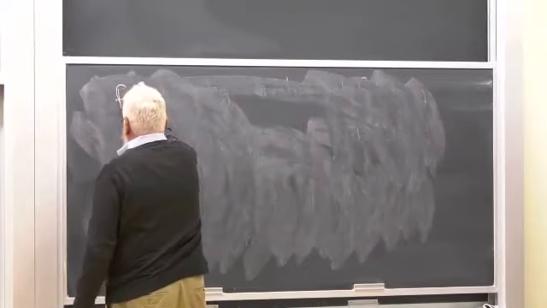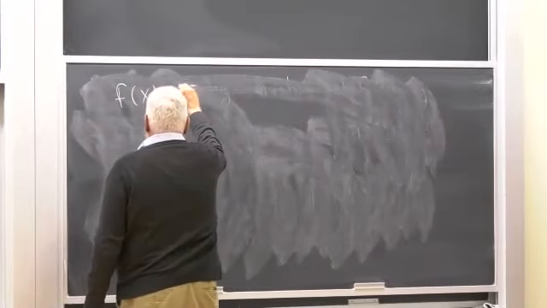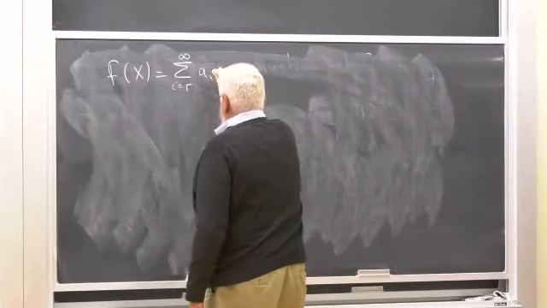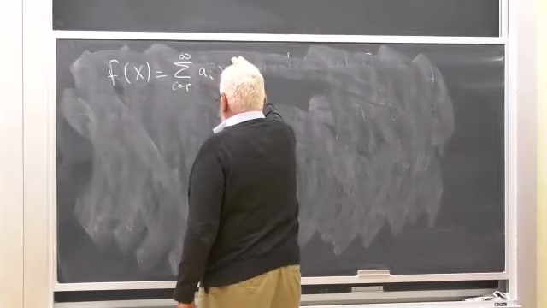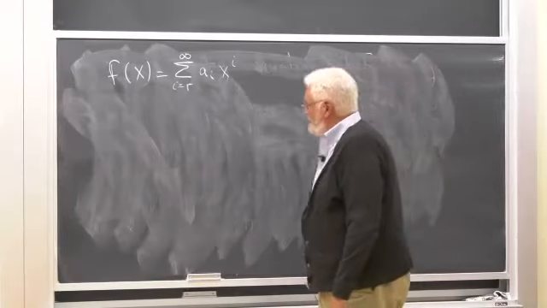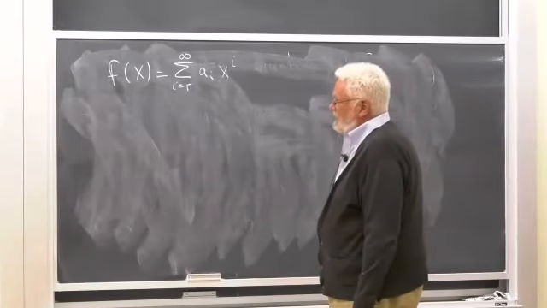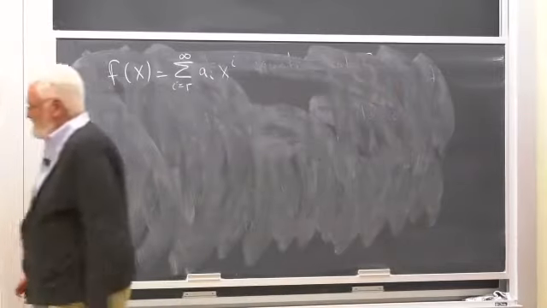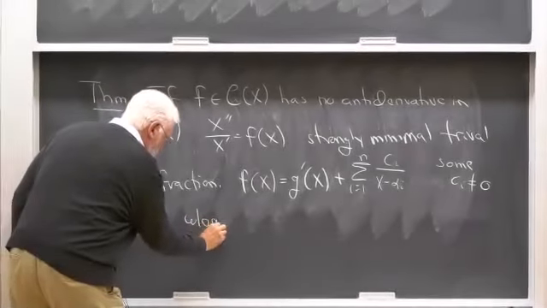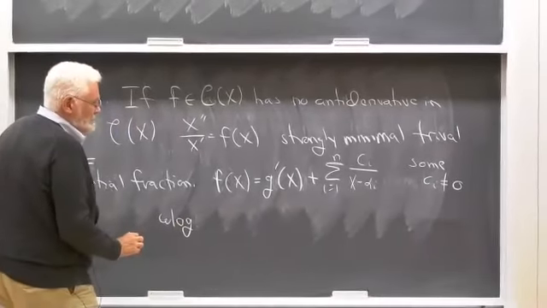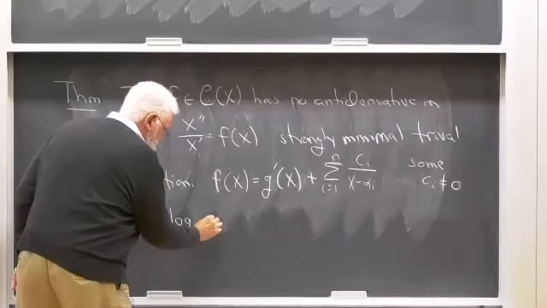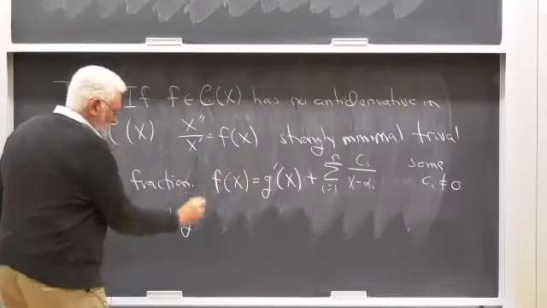Equivalently, I can take f of x and write it as a Laurent series, the sum from some r possibly negative to infinity of a i x to the i. Let me say without loss of generality I want to have a simple pole at 0.